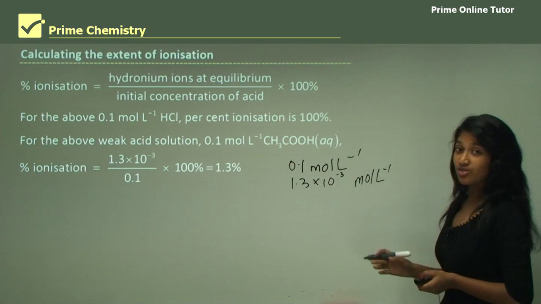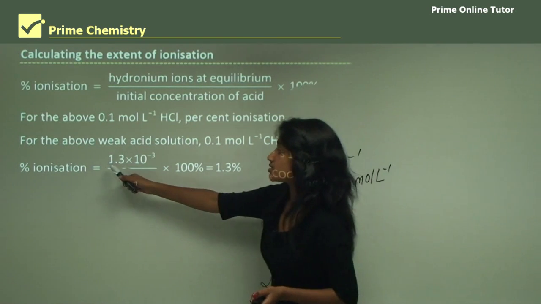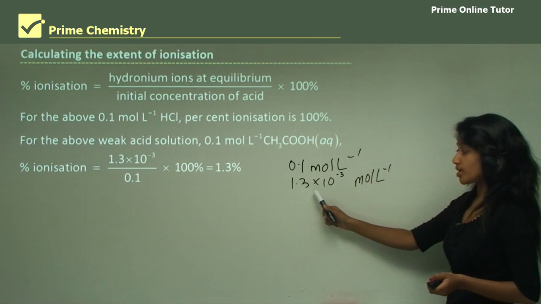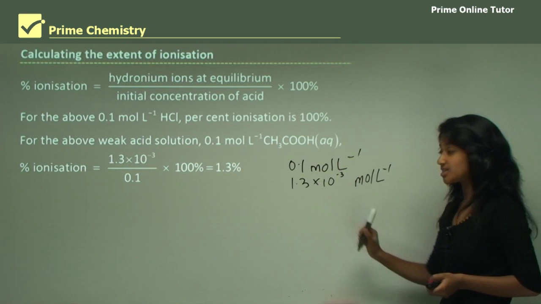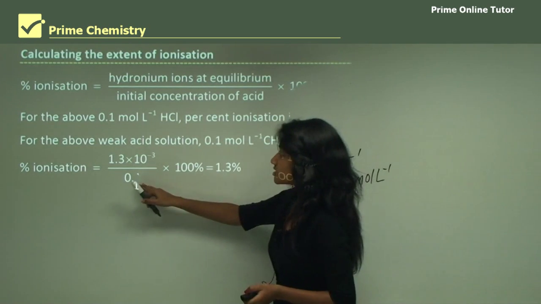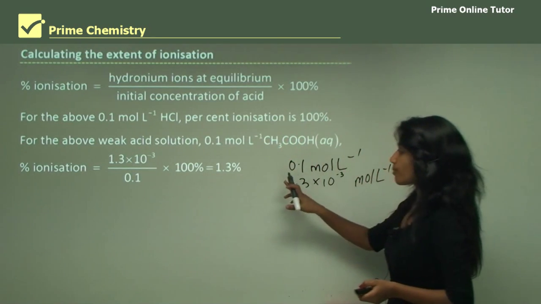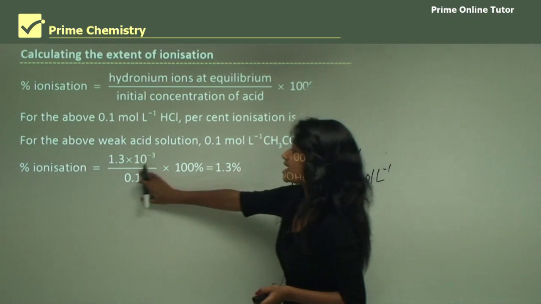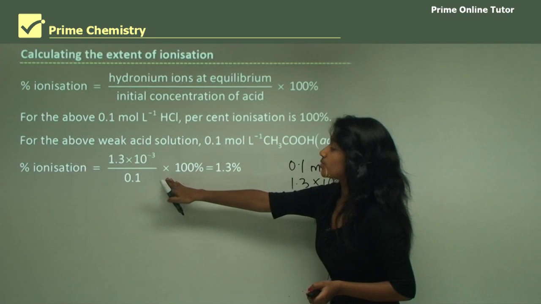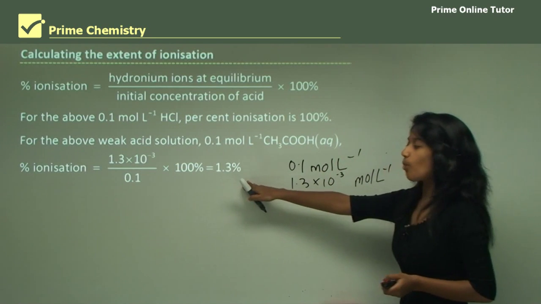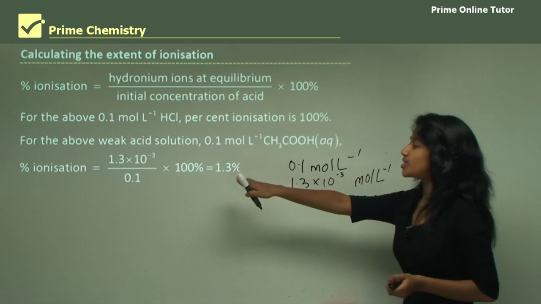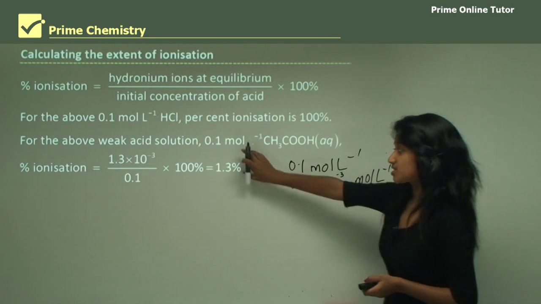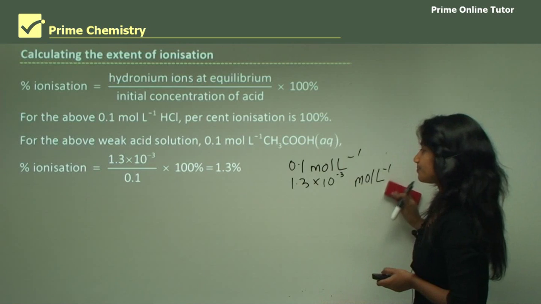To work out the degree of ionization, we would first write the concentration of the hydronium ions, in this case 1.3 times 10 to the power of minus 3, all over 0.1, which is the concentration of the acetic acid. That we're going to times by 100 to get 1.3%. So this is the degree of ionization of acetic acid at this concentration.